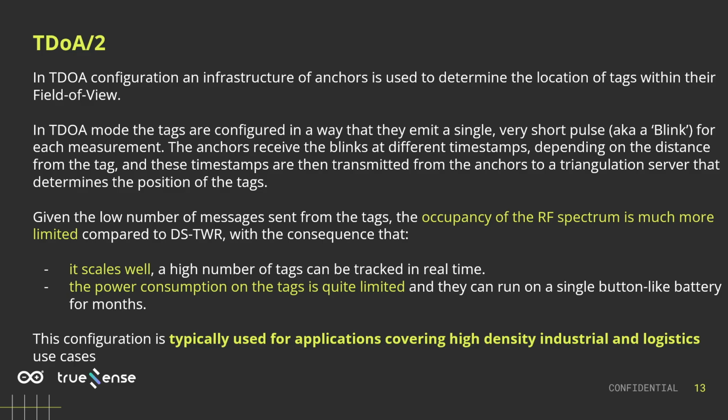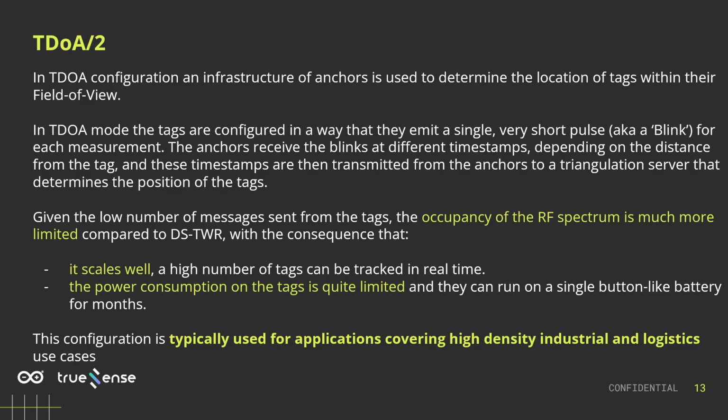The blink will contain, again, an identifier of the tag and a timestamp. Different anchors in the infrastructure will receive this same blink at a slightly different time based on the distance. And based on this difference of distances, that's why it's called time difference of arrival, you can basically do the triangulation and calculate the absolute position, not only the relative position of the tag itself.